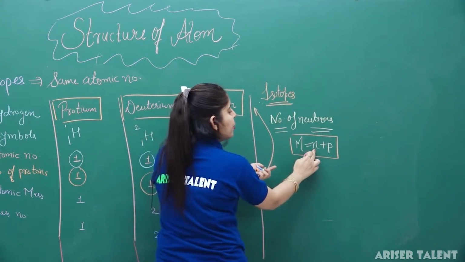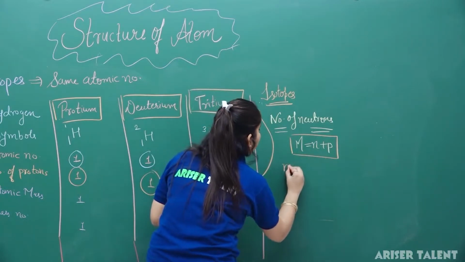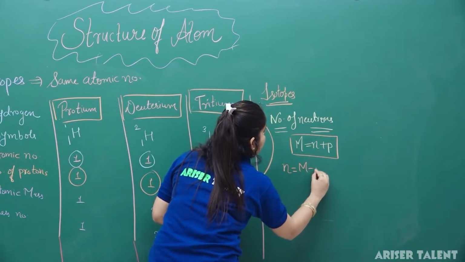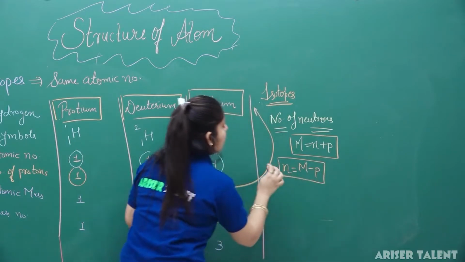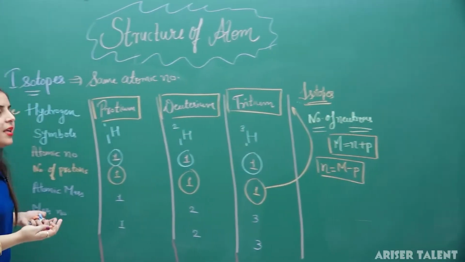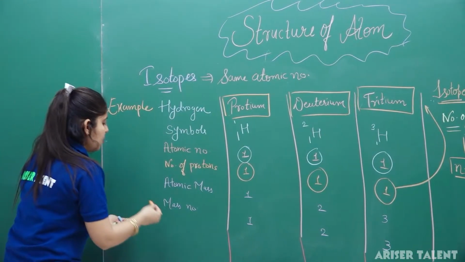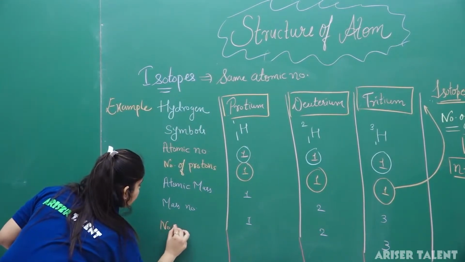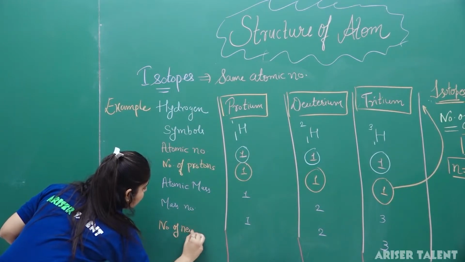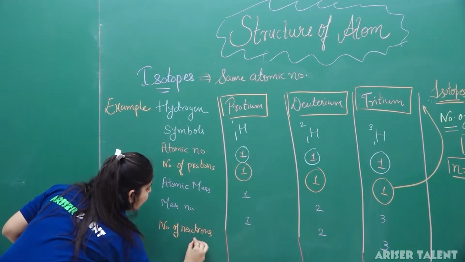Now if we want to calculate the value of N from here, N is equal to M minus P, and we will simultaneously calculate the number of neutrons in this sequence. So we have next the number of neutrons, and it will be calculated as M minus P.